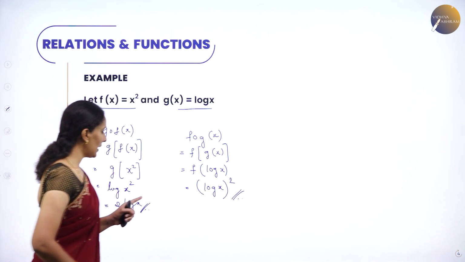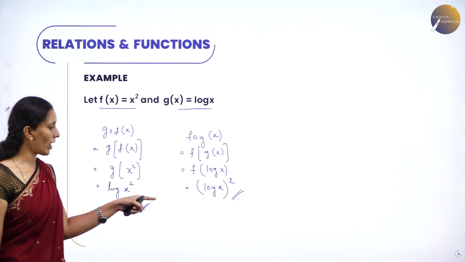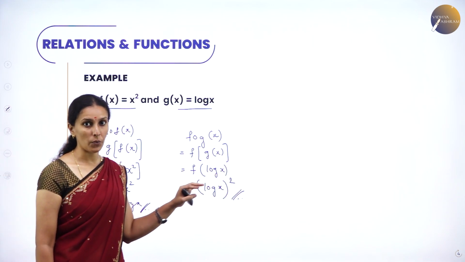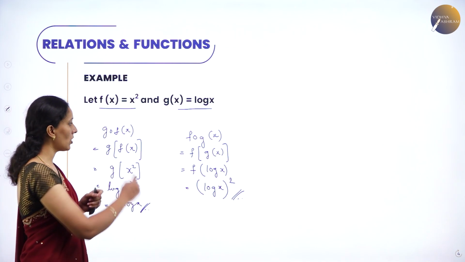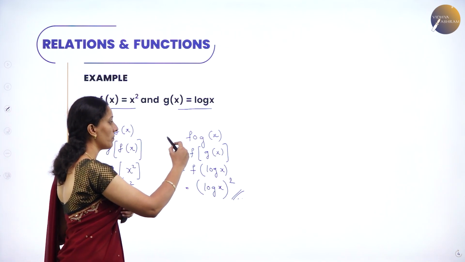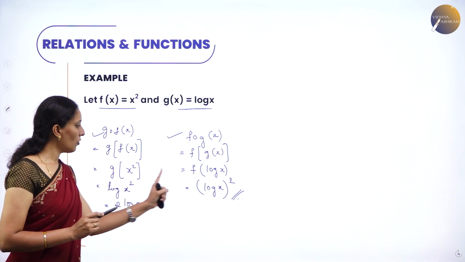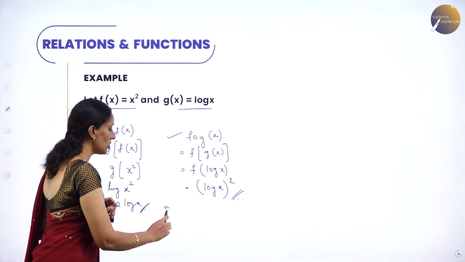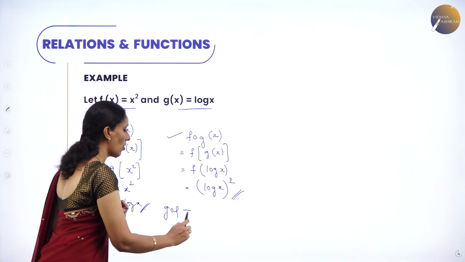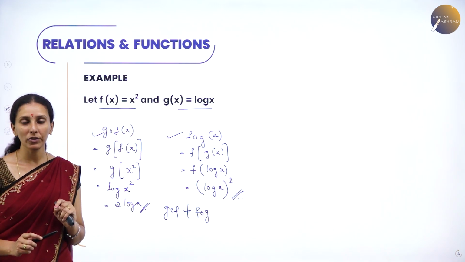So this is completely different from your 2 log x. So this is log of x square and this is log x whole square. So clearly we can define both the functions, that is g naught f of x as well as f naught g of x. Also we can see here the values of the two functions are different. We can conclude that g naught f is not equal to f naught g. That is, it is not commutative.